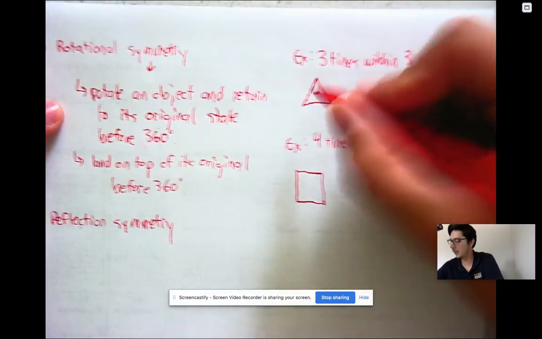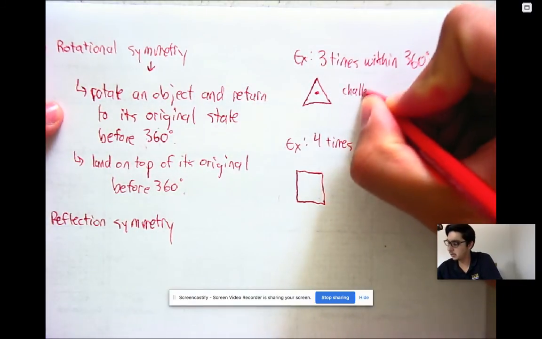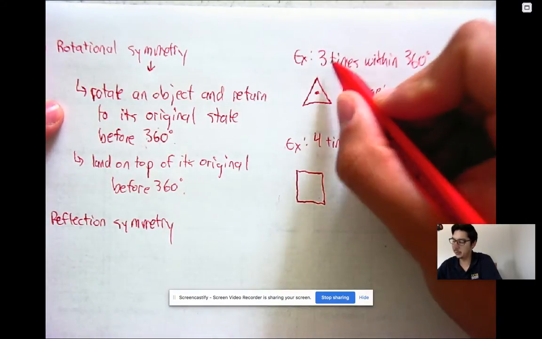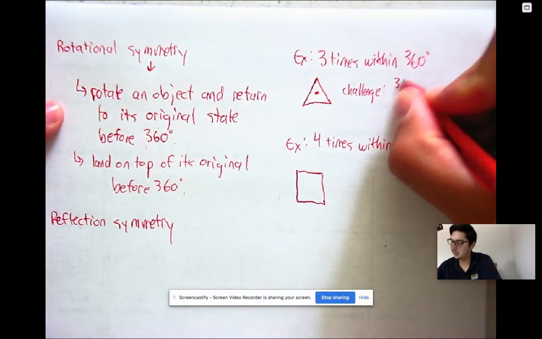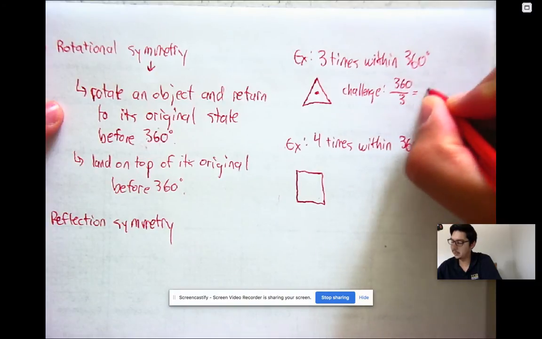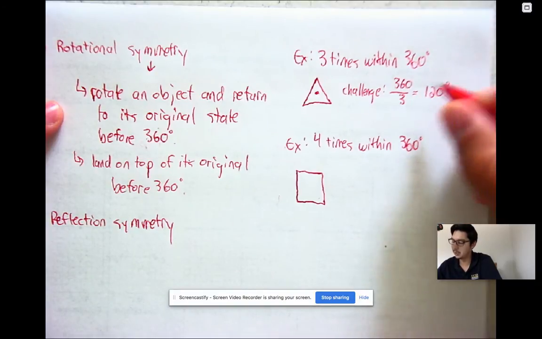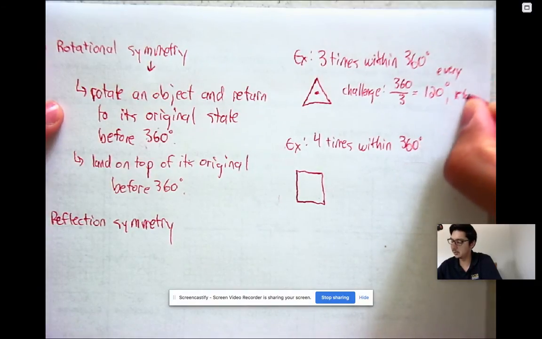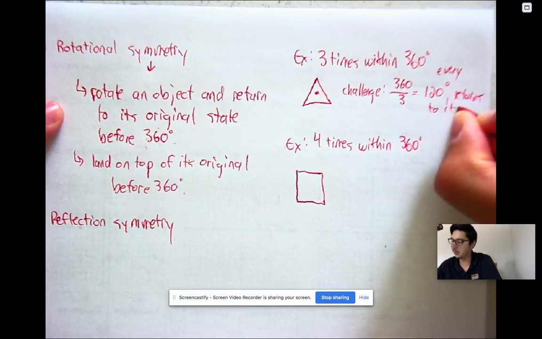Now, a little bit more of a challenge for some of you is how many degrees is it when it has rotational symmetry? Well, if it's 3 times within 360, do 360 divided by 3, and you'll see 120 degrees. So for this triangle, every 120 degrees, it returns to its original state.